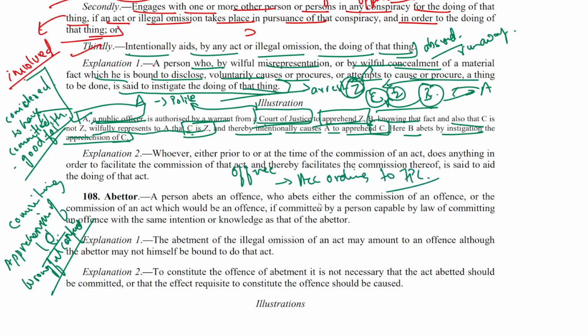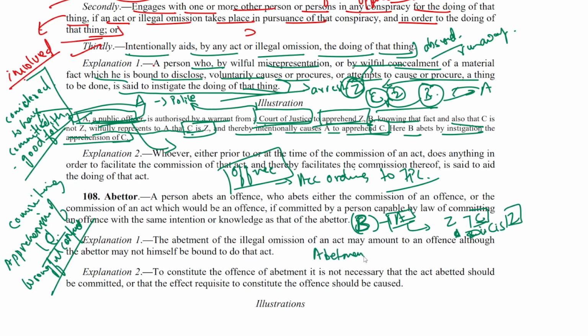So now wrongful confinement is an offense, but A, being the public officer acting in good faith, has not done any offense. Rather B, to whom the public officer has asked whether Z is C or not, willfully represents that C is actually Z. He has committed an offense, and that offense is said to be abatement to wrongful confinement.